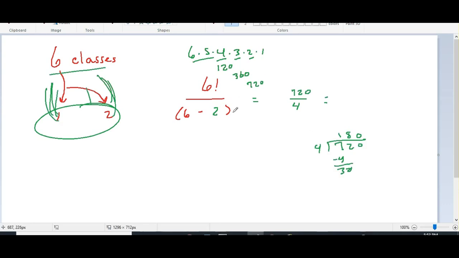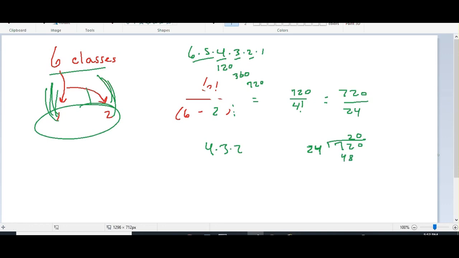I forgot that there's a factorial right here. So that's going to make our number a lot smaller. That means 4 factorial on the bottom, which is 4 times 3 times 2, which is 24. So 720 divided by 24, which means we no longer have quite that many. 24 fits into 72 twice?